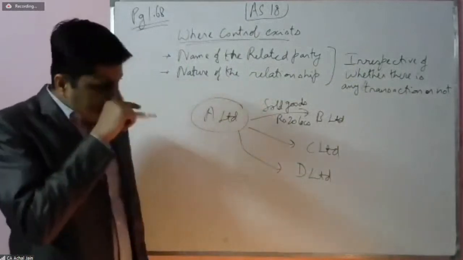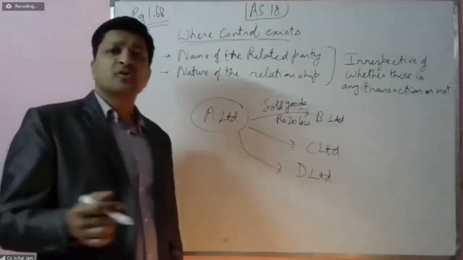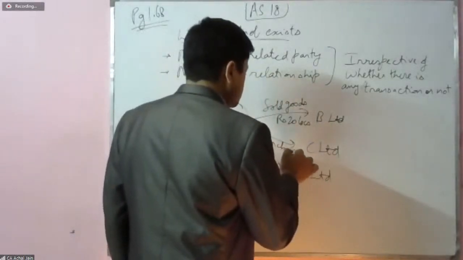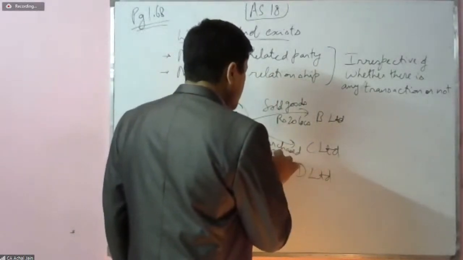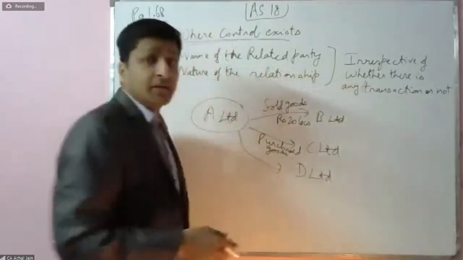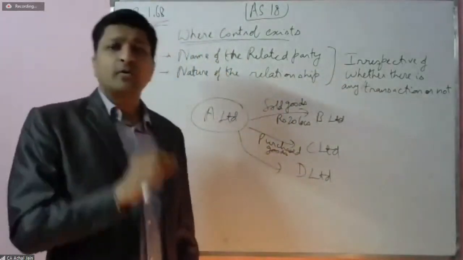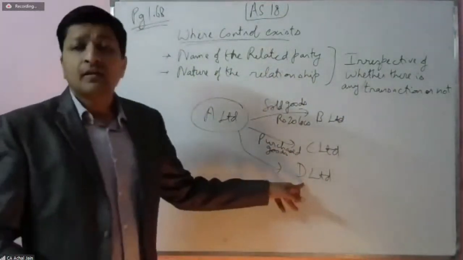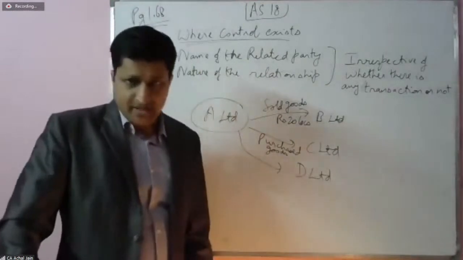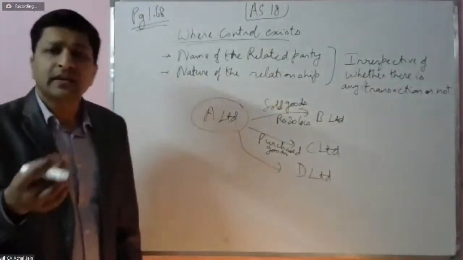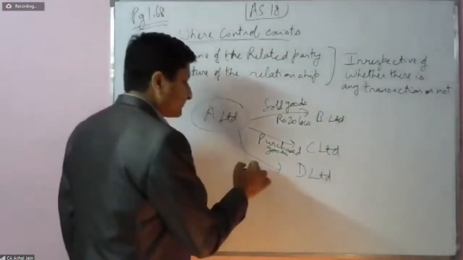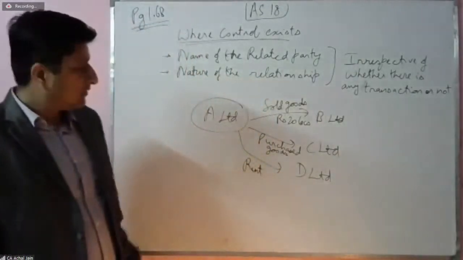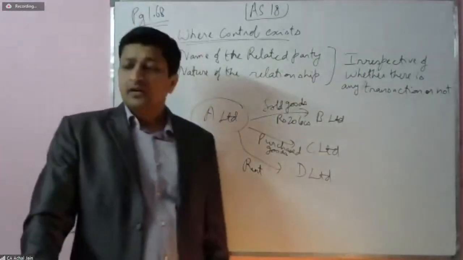Say A has purchased goods from C. This transaction will also be required to be disclosed. Say A has taken premises on lease from D and A is paying lease rent to D. So this transaction will also be disclosed.